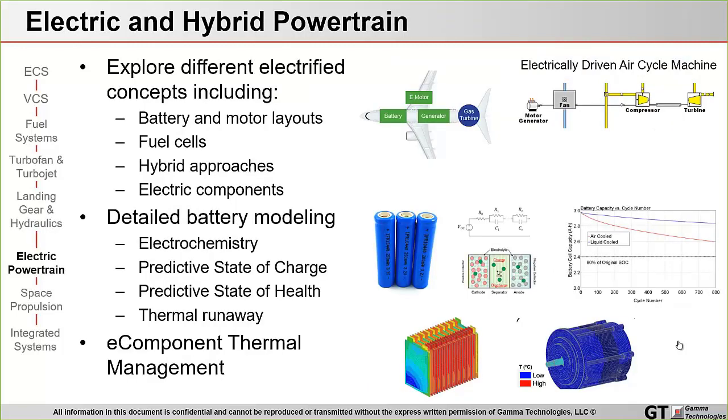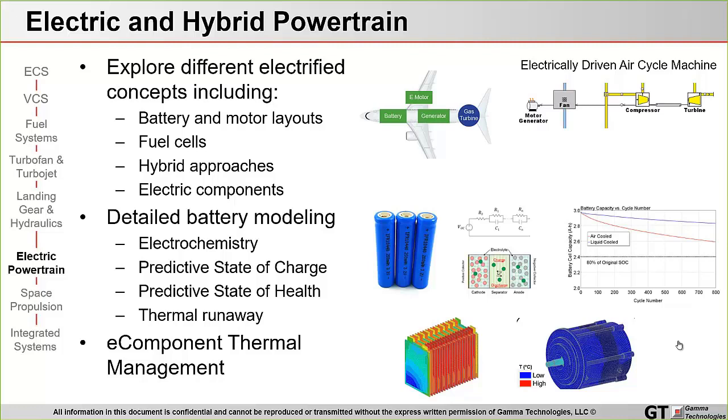Advancing now to the electric and hybrid powertrain, there are different concepts that could be explored inside the GT Suite modeling tool. This allows users to explore different electrified concepts, whether it's a pure eVTOL type scenario where you're looking at different battery arrangements and motor layouts and so forth.